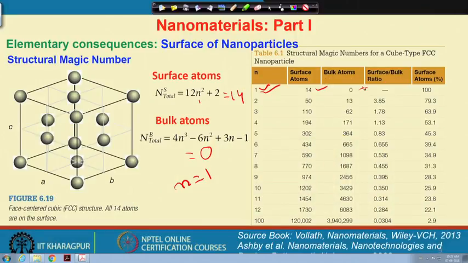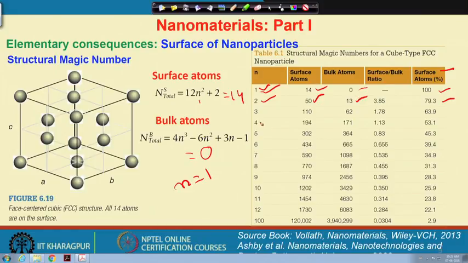So, here I have 14 surface atoms and no bulk atoms. Just have a look at the ratio of surface atoms. It is 100%, all the atoms are present at the surface of that nanoparticle. Now, if I join 2 and increase the number to 2, then it will decrease to something like 80%. So, I have 50 surface atoms and 13 present in the bulk.